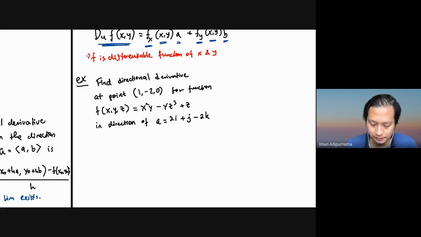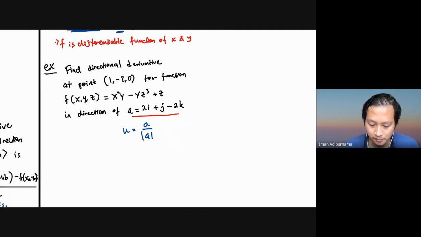Because it's just a vector, first we need to find the unit vector. Let's say the unit vector is u, defined as this, I hope you still remember. So this will be 2, 1, -2.